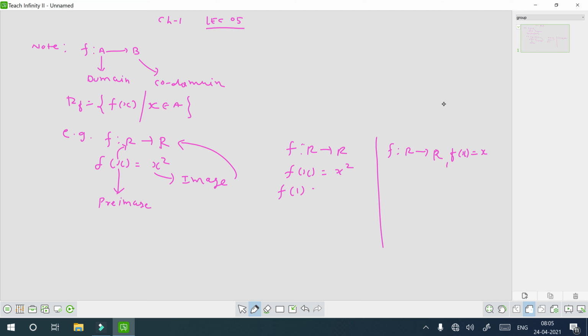Here f of 1 is 1. f of minus 1 is also 1.